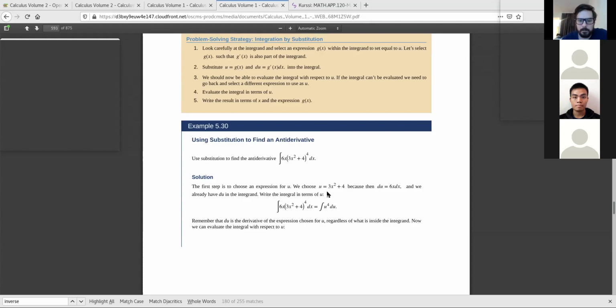I'll just write it in the chat window. If you are uncomfortable with where this du equals that comes from, then if I write that u is equal to 3x squared plus 4, then I can write that du per dx is equal to 6x, and then for du, I just multiply both sides by dx, so it's 6x dx.